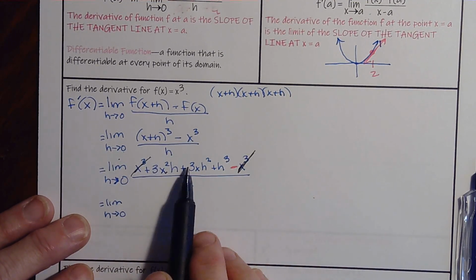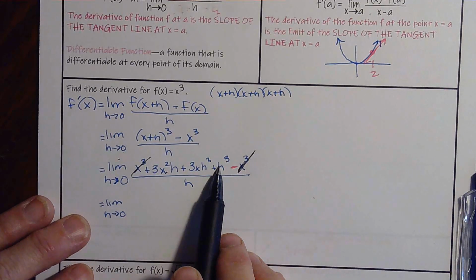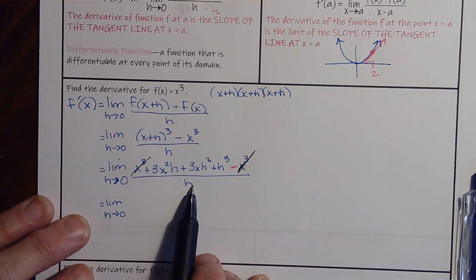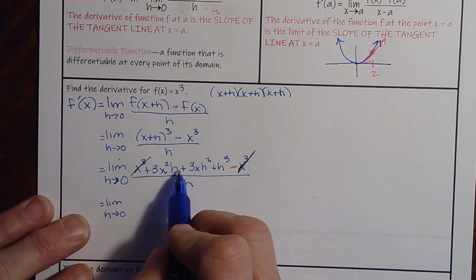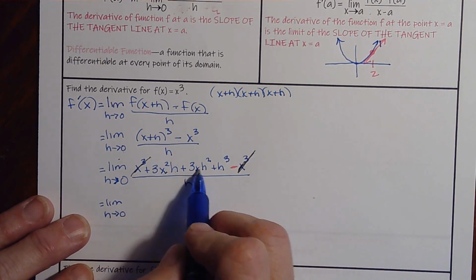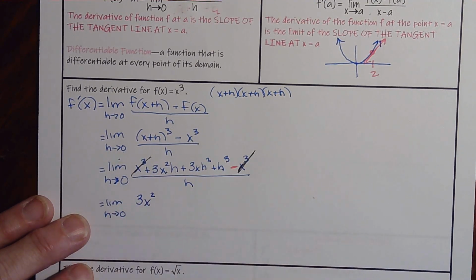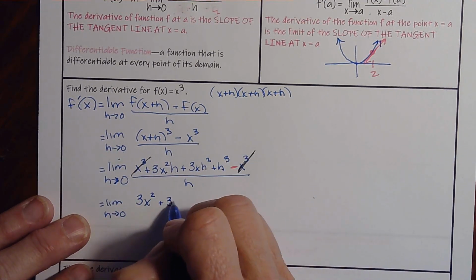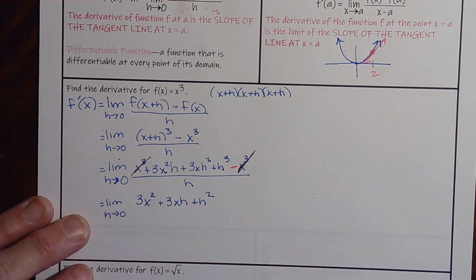And if you notice what's left, the 3 terms in the numerator all have an h in common. So I'm going to go ahead and cancel an h out of all of these. And so what I'm left with is 3x squared plus 3xh plus h squared.